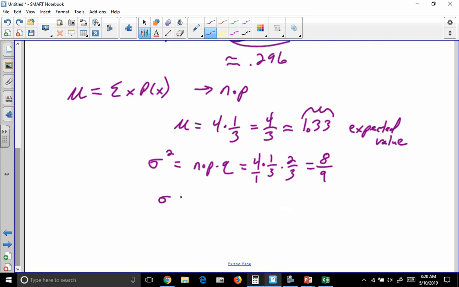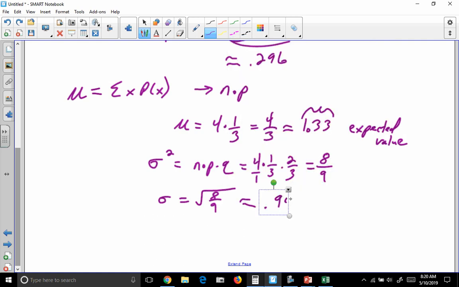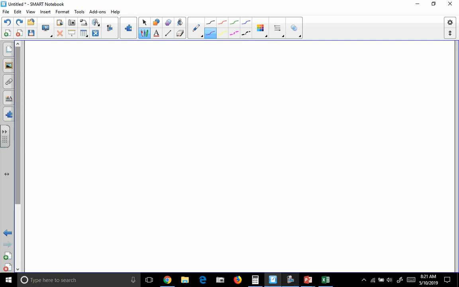And then our standard deviation is the square root of that, which as a decimal, that's 8 divided by 9, and the square root of that is about 0.943. So that just kind of gives us an idea of how spread our distribution is. All right, so might try a few more examples.